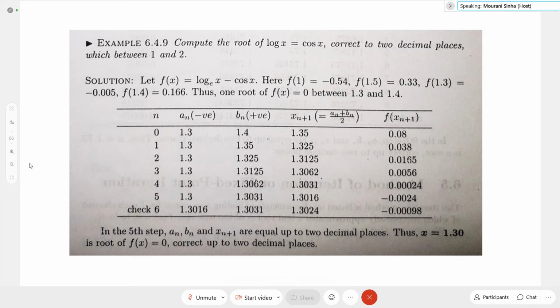Compute the root of log x minus cos x correct to two decimal places. Can you tell me what difference they have than what you have done? I have been speaking a lot. You tell me how, same answer, same question, but the method is a little bit different. Bisection method only. What have they done? Can you tell me how it is different from your solution?